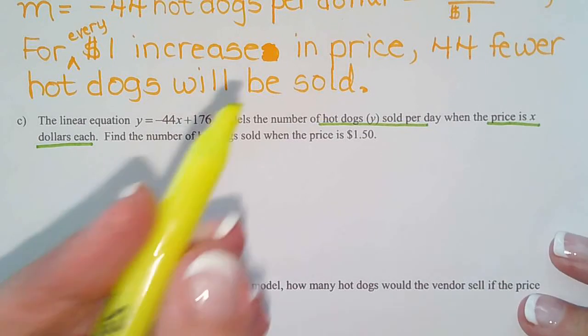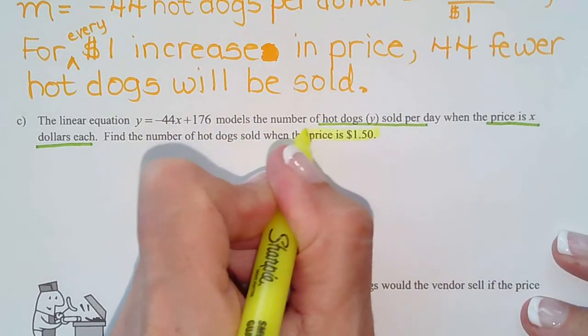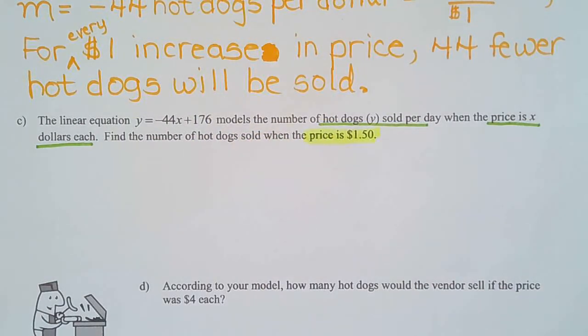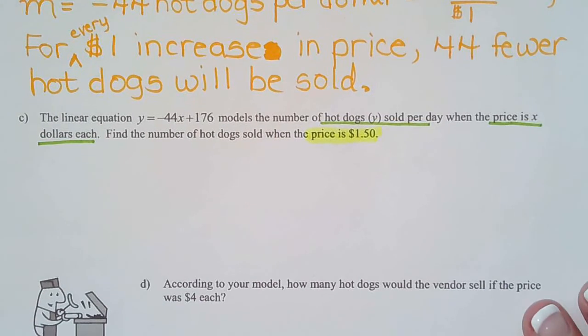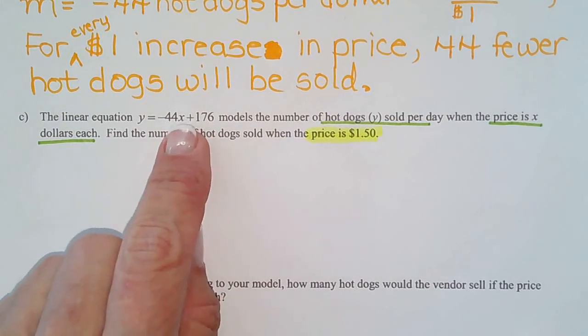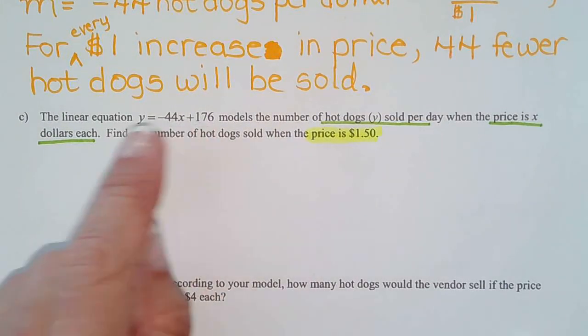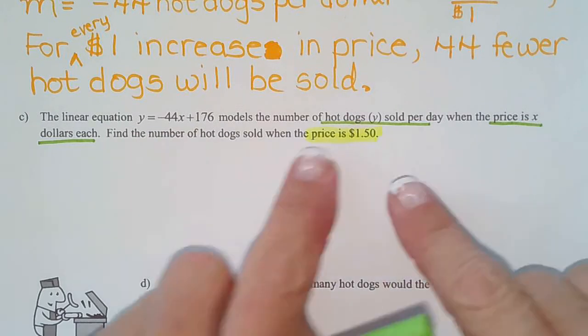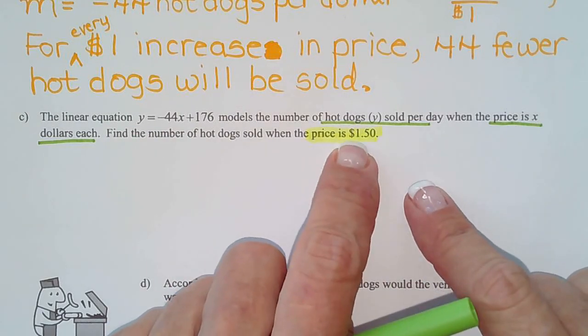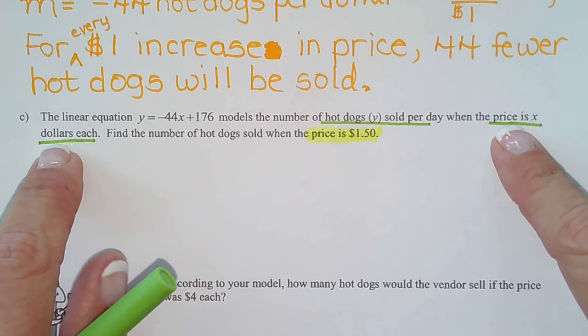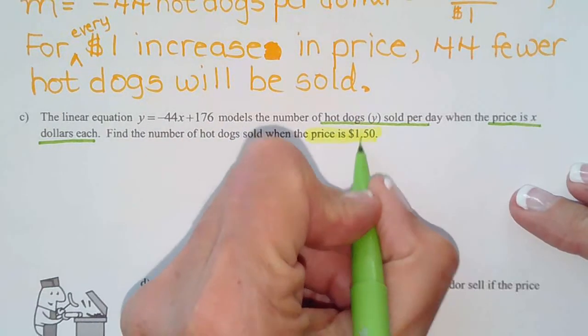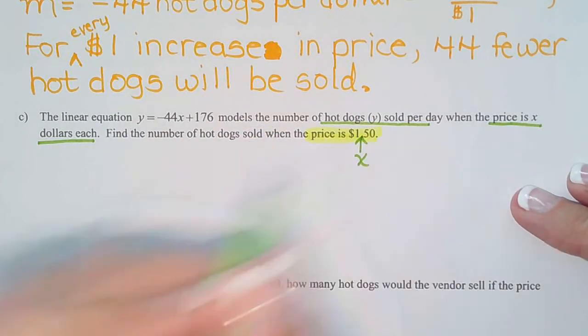So the reason they tell you the variables, and I will tell you, the students that don't do well on these are the ones that don't read the problem, because you don't always plug in for X. Sometimes you plug in for X, sometimes you plug in for Y. So what you have to do is go, this is dollars, which one's dollars? Oh, X. So that means plug this in for X.